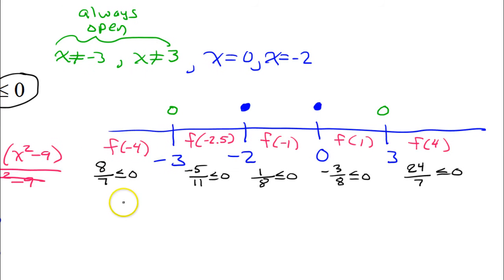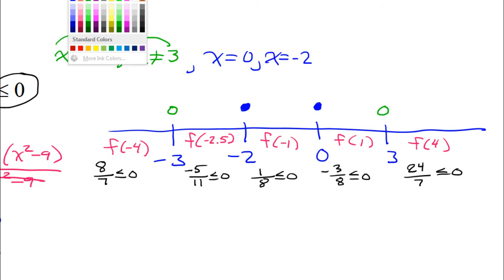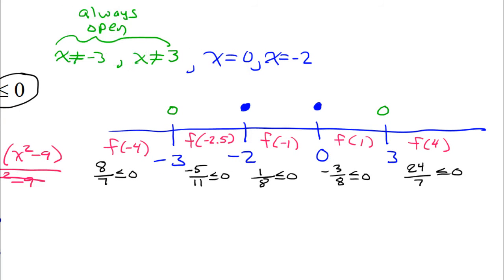Okay, so let's see. No, this is not less than 0. This is positive. This is negative, so yes, that is less than 0. This is positive, so no, that's not less than 0. This is negative, so yes, that is less than 0. This is positive, so no, that is not less than 0. So everywhere you see a yes, that means this is a solution.